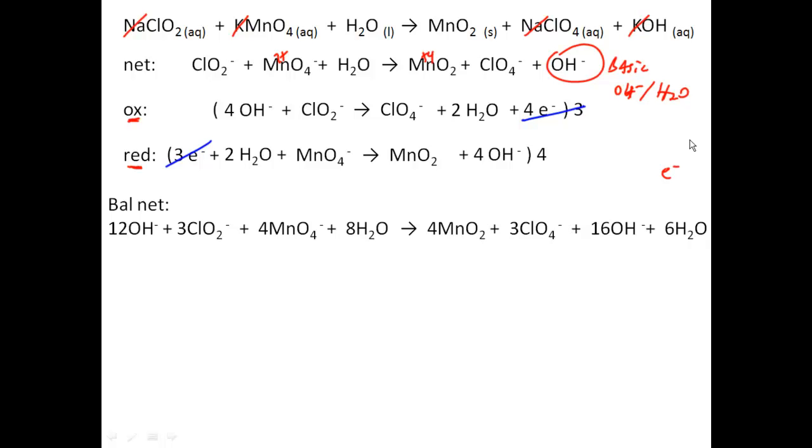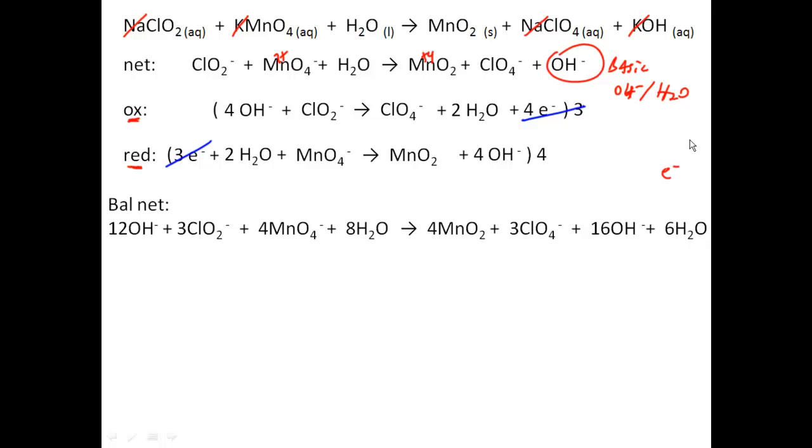I have 4 times my 2 waters, which is 8 waters, 4 times my manganese 4 oxide, and 3 times my perchlorates, and I have 4 times my 4 hydroxides, which is 16 hydroxides, and I have 3 times 2 waters, which is 6 waters. So this is my balanced net.